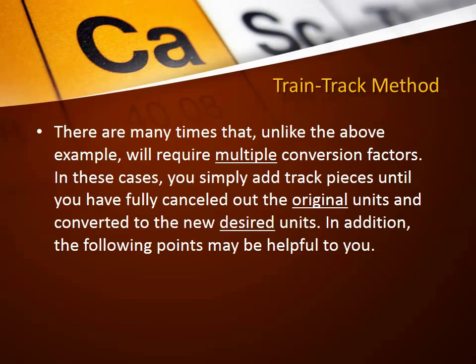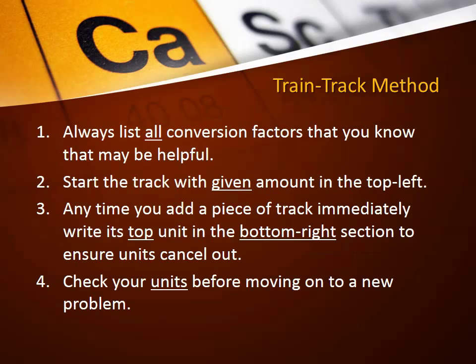Now, there are many times that, unlike the previous example, we're going to need multiple conversion factors, not just one. In these cases, you simply add track pieces until you fully cancel out the original unit, and you are now in the desired unit.